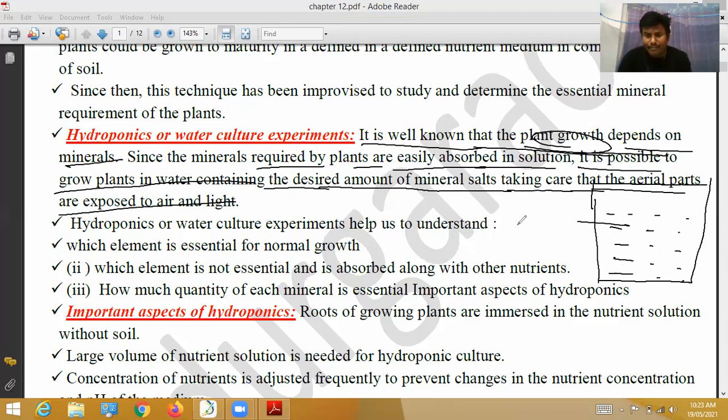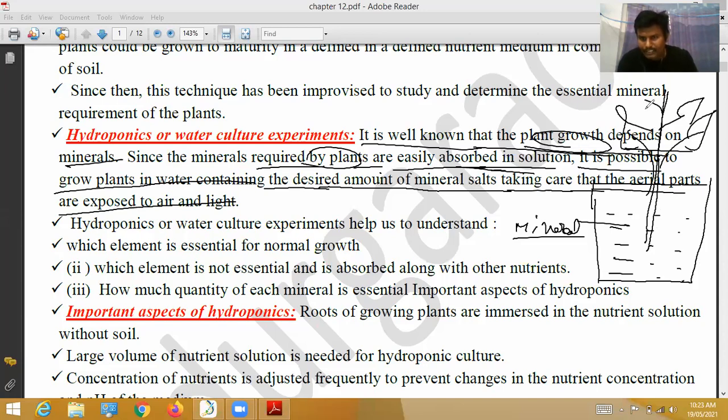This is called the nutrient medium. Whatever minerals are required by the plants are easily absorbed in the solution. In this solution, they keep plants, like this. Like this, they keep various kinds of plants.